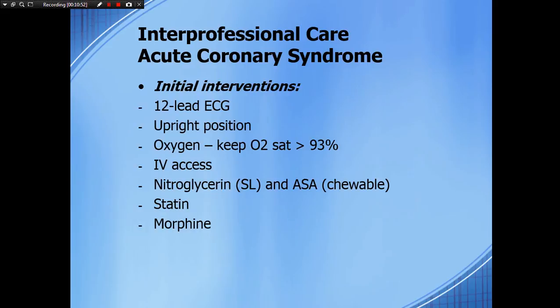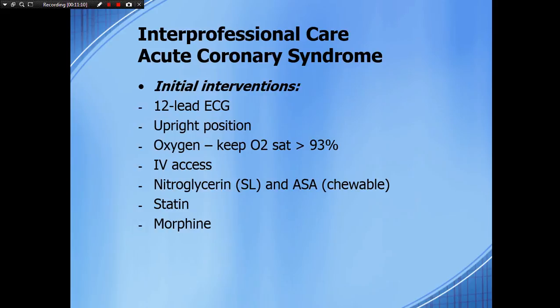In the past, we would put oxygen on anybody who has chest pain, but they felt that just putting oxygen on anybody wasn't really beneficial. So if the patient needs supplemental oxygen to keep their oxygen saturation up, that's acceptable.